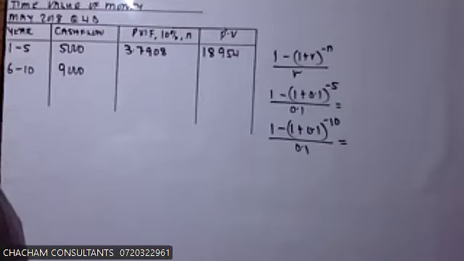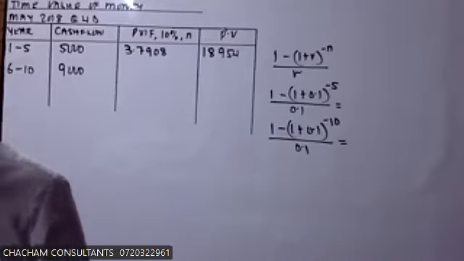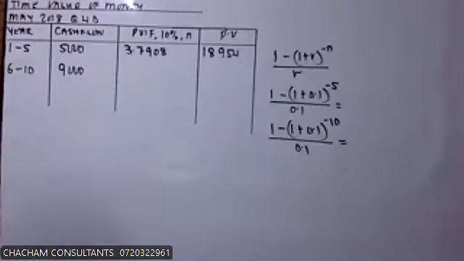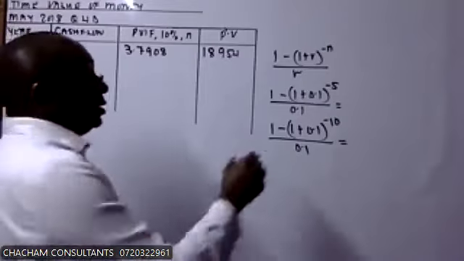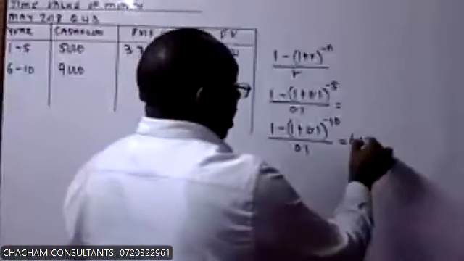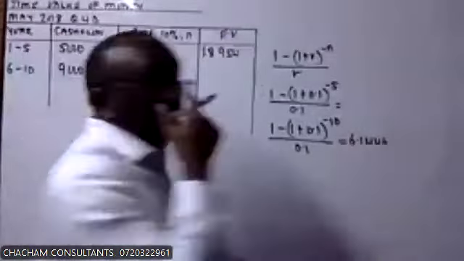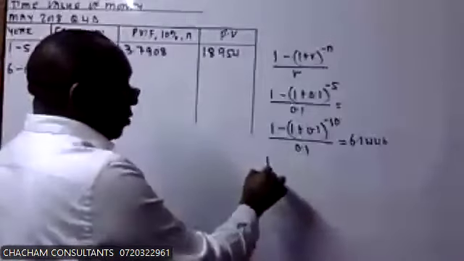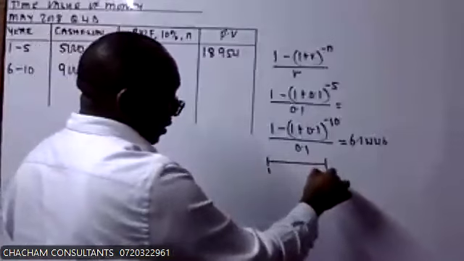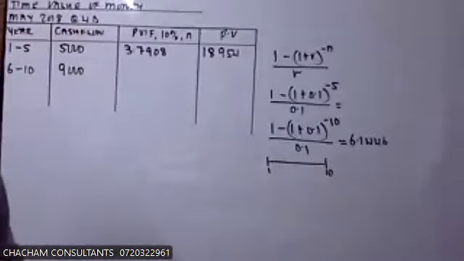Give me the figure. So now this one, 6.1446, as I told you, is the value from year 1 all the way to year 10.